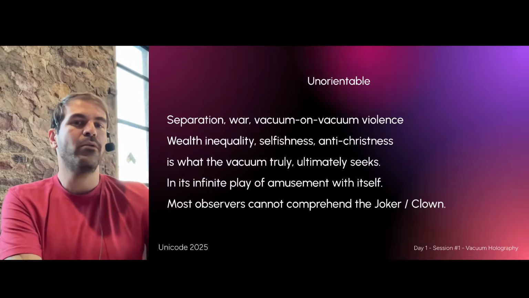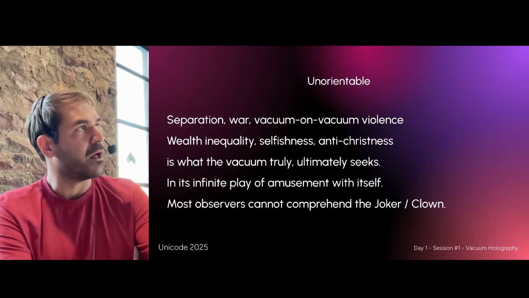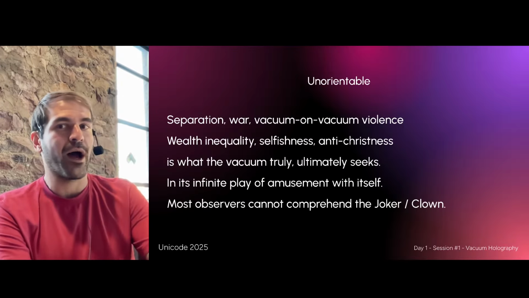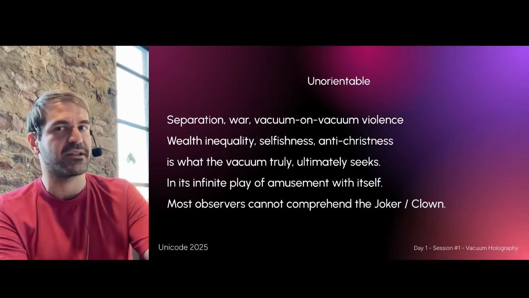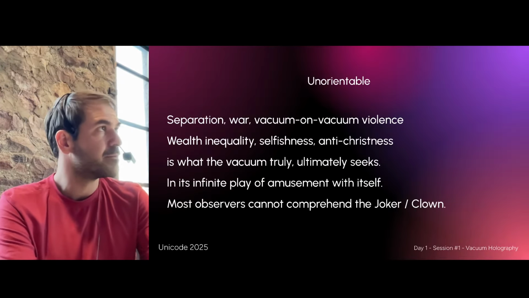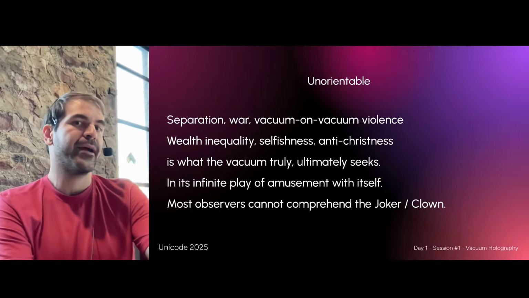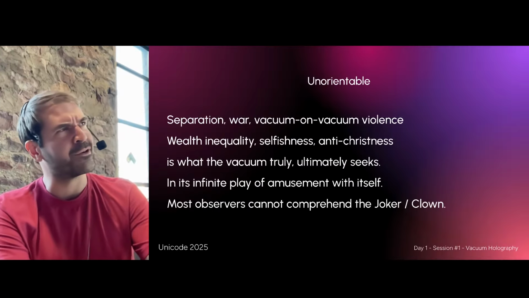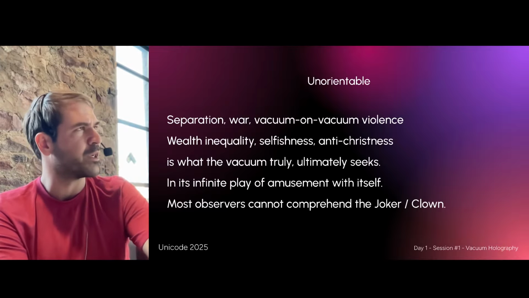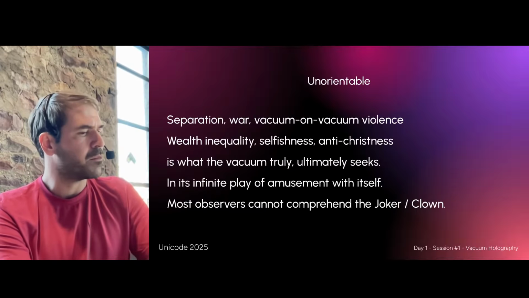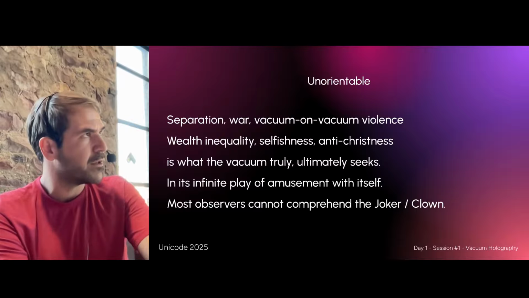So how could someone who's talking about infinite consciousness and love and unity say that the vacuum truly ultimately seeks all of these horrible things? But you have to know the clown, you have to know the joker, and then you can integrate and understand, oh, I get why it actually seeks those things, but I also get how you can rest as the infinite source that's originating all of that.